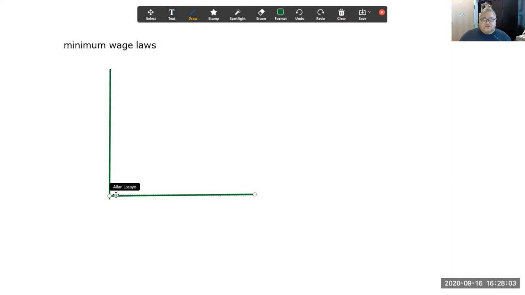And what they supply is workers' time. So I'm going to put here worker hours. They supply hours of their time for work. And instead of price, we're going to call this vertical axis the wage, the wage per hour in dollars per hour. How much people get paid to do the work.